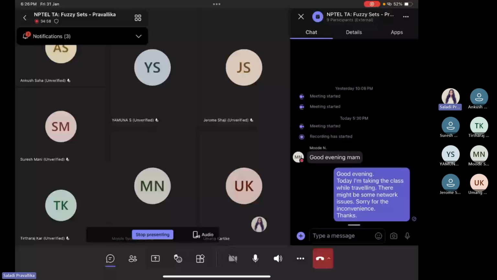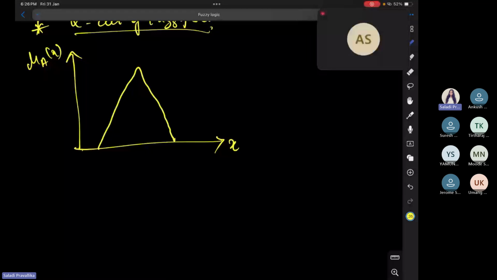So let us take a triangular membership function. Right? This peak is, let us call it 1. The alpha value here in between, let us say alpha is equal to 0.4. This alpha line is cutting the triangular membership function at 2 points, here and here.